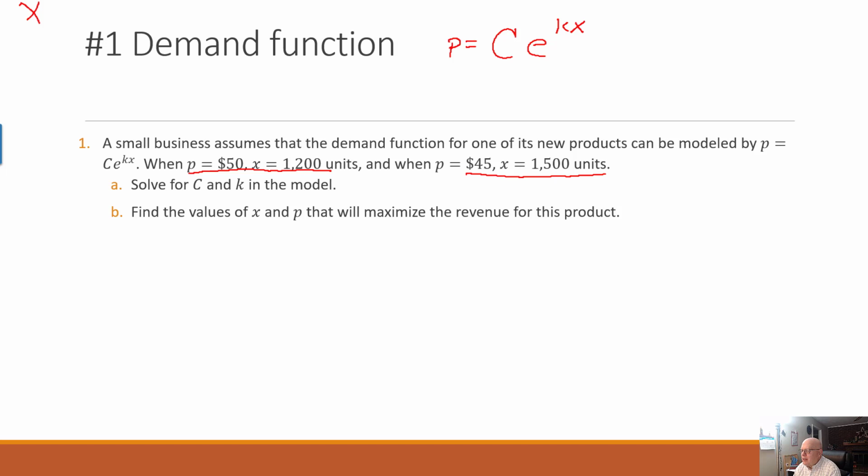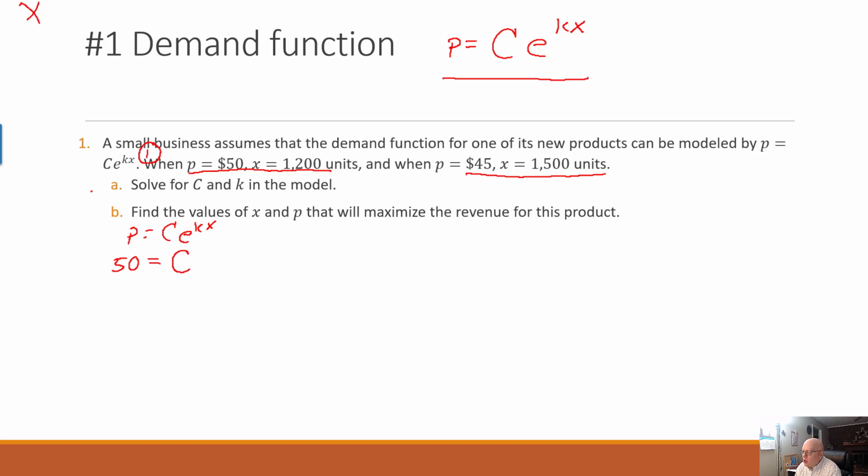So we're going to write this formula down twice with those 2 sets of numbers. So for the first one, we'll call this the first set. And so first P equals C e^(kx). So we put those numbers in there. So the price is $50.